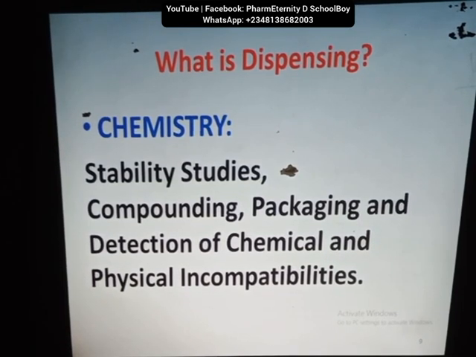So knowledge of chemistry will help you to know exactly how to prepare a particular packaging material, the right chemical for a particular packaging material, and to know whether a chemical contained in a particular packaging material is not compatible with the ingredients of the product you are packaging. So knowledge of chemistry is very important. It also helps, as I mentioned, to detect chemical and physical incompatibilities. All right, let's continue. So chemistry is pivotal in pharmacy.